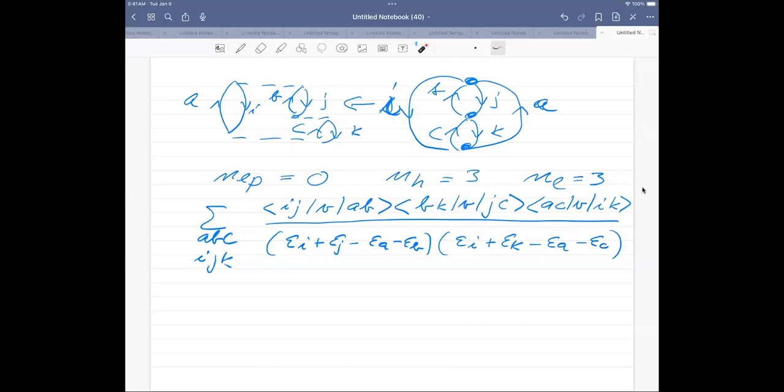So let's try to mix both the algebraic approach and the diagrammatic approach. And then this is going to point to some consequences for linked diagrams and these Pauli violating diagrams. So let's take a look at a simple example.